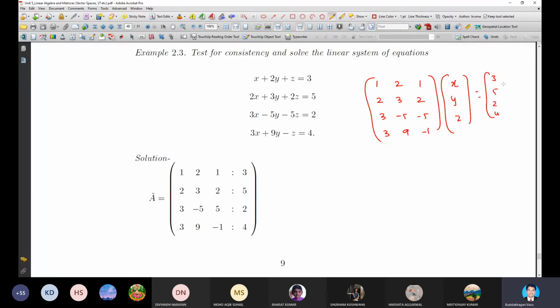This is of the form Ax is equal to b, where A is this matrix, b is this, and x is this.